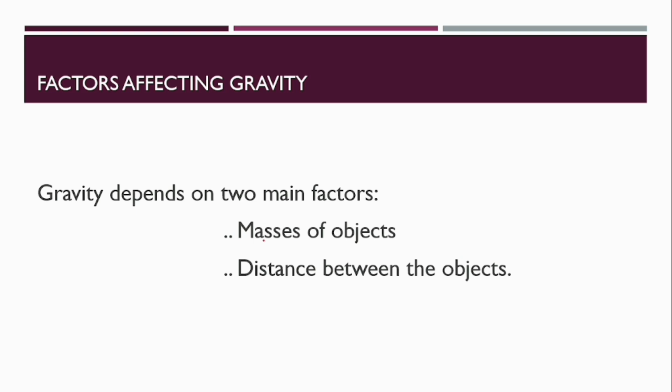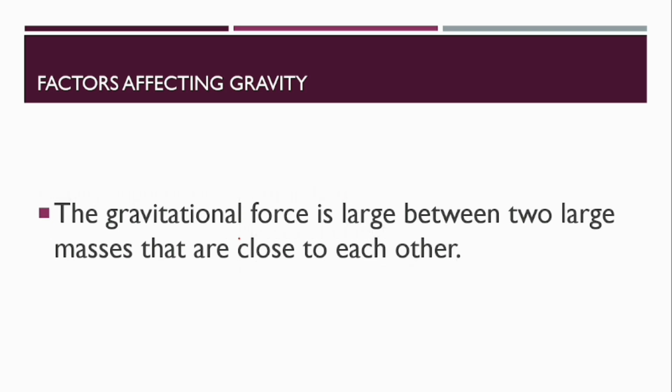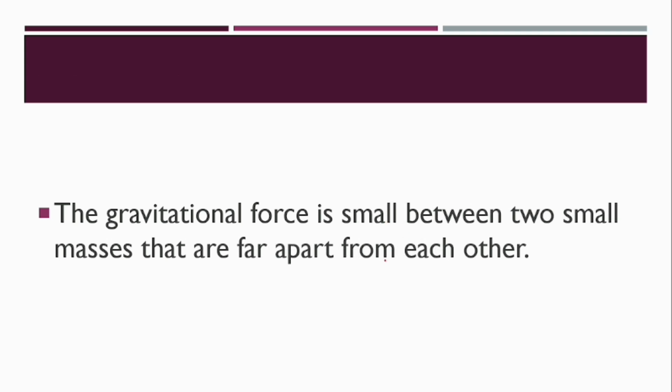Gravity depends on two main factors, masses of the objects and distance between the objects. If there are two large masses that are close to each other, the gravitational force will be large. If there are two small masses that are far apart from each other, the gravitational force will be small.